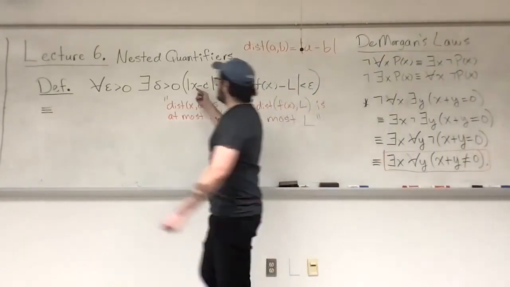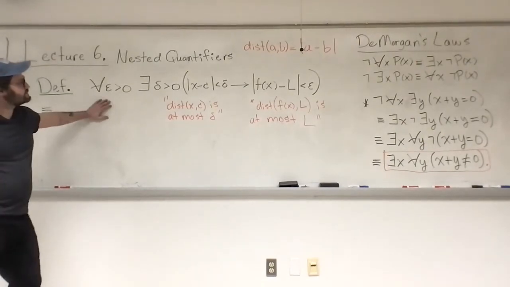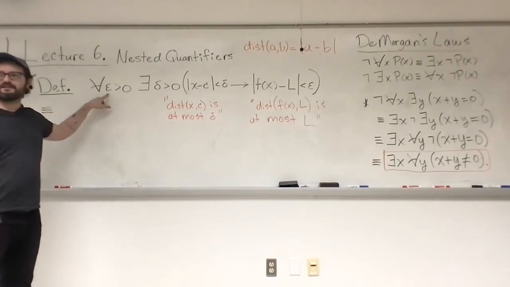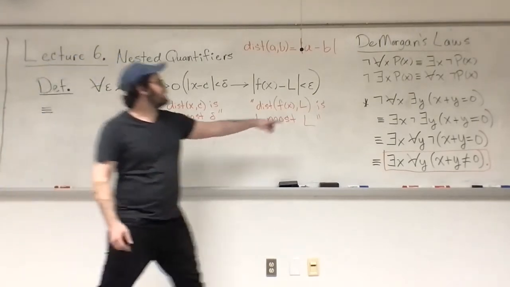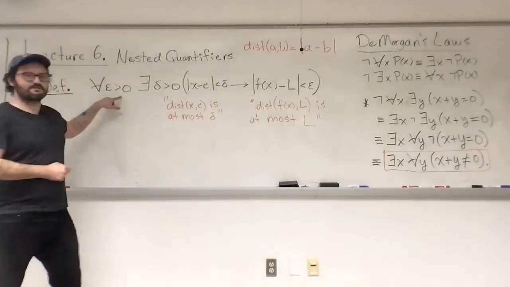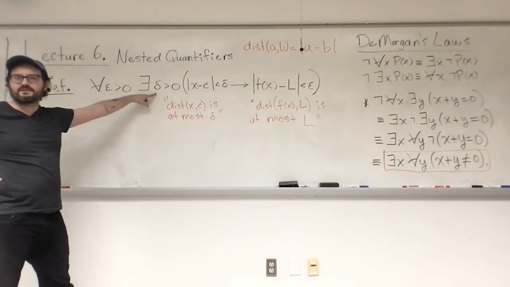So x is a variable in this case, right? This thing can vary no matter what. Like this is any positive number, right? But for each of those, no matter which one you pick, there is some delta paired up with it.